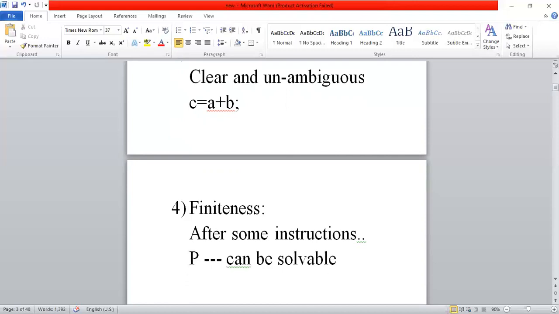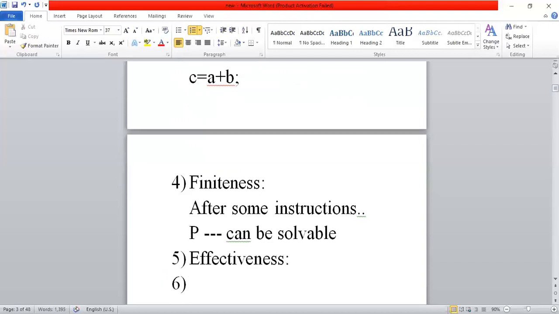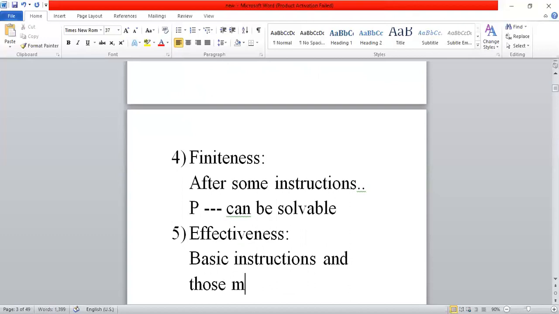And the fifth property or criteria is effectiveness. So what do you mean by effectiveness? This is also very, very important. Effectiveness means whatever instructions you include must be basic instructions, and they must be able to be carried out whenever you want to analyze or trace them.